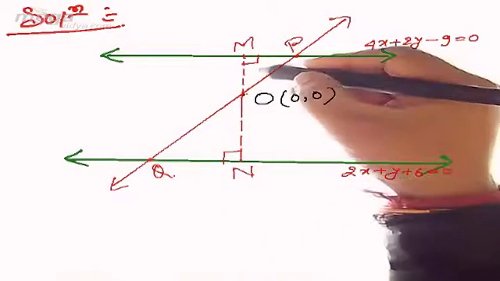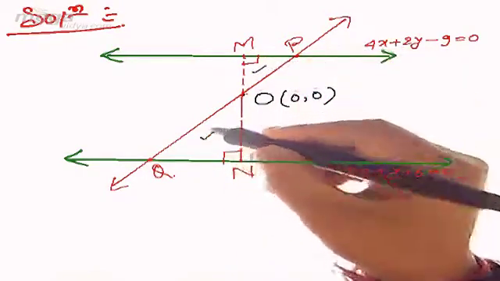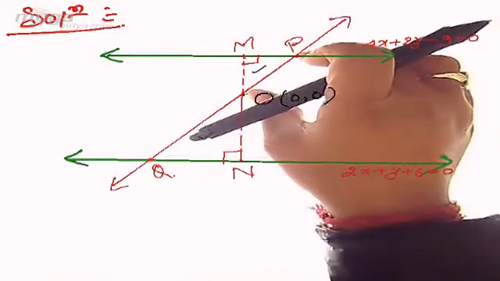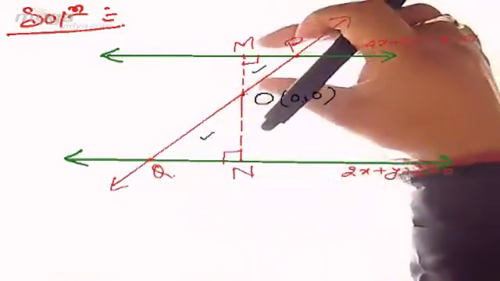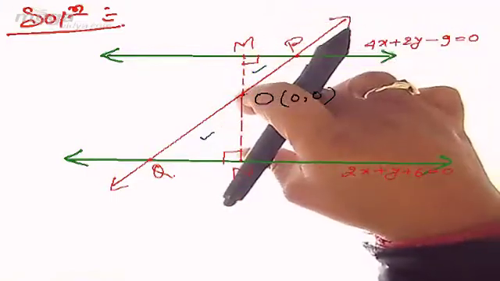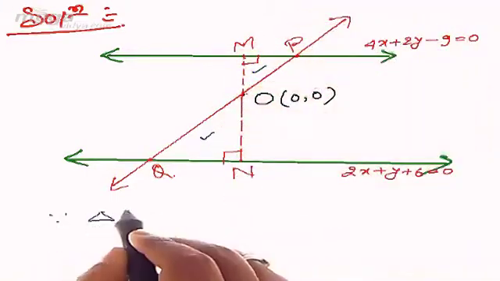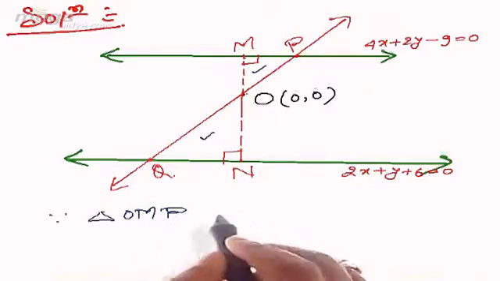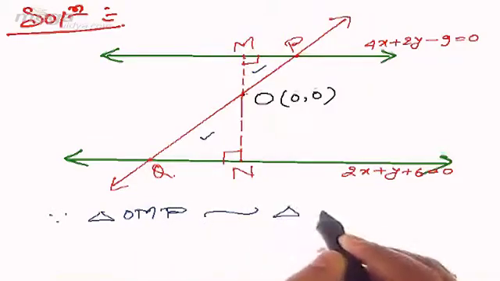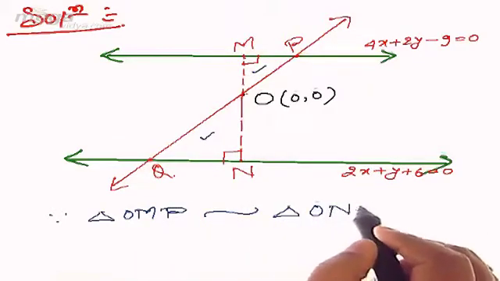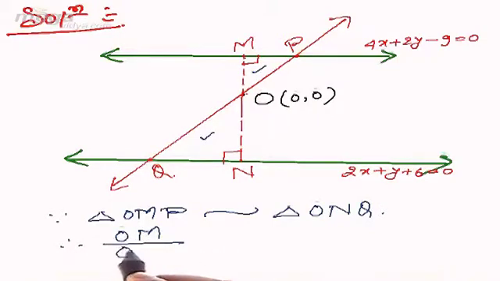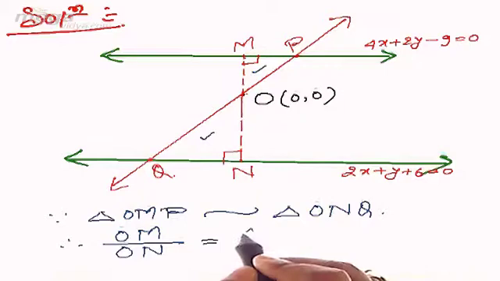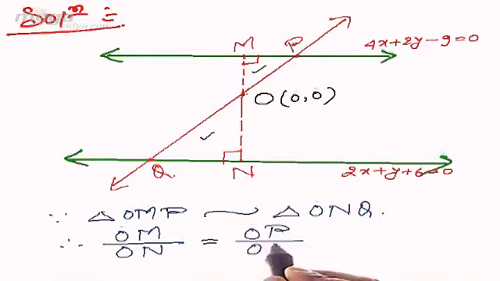Now you can see this triangle and this triangle are similar. So the ratio of OP and OQ is equal to the ratio of OM and ON. That is, since triangle OMP is similar to triangle ONQ, we can say OM upon ON is equal to OP upon OQ.